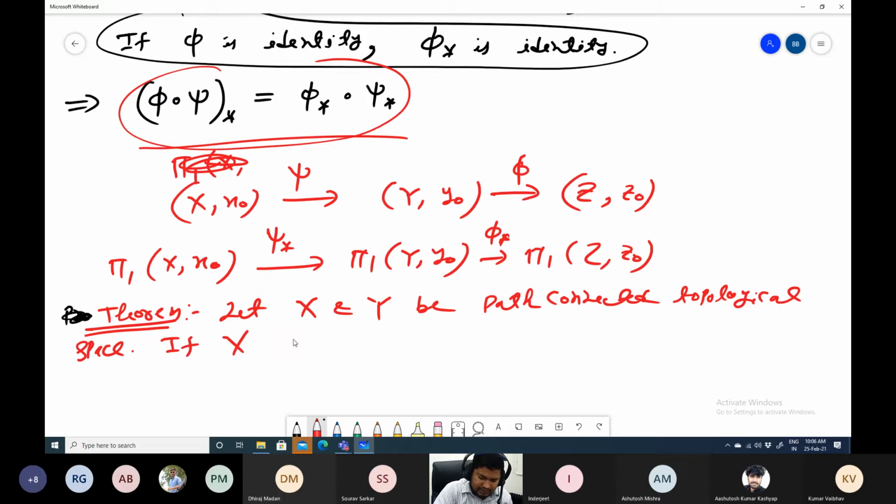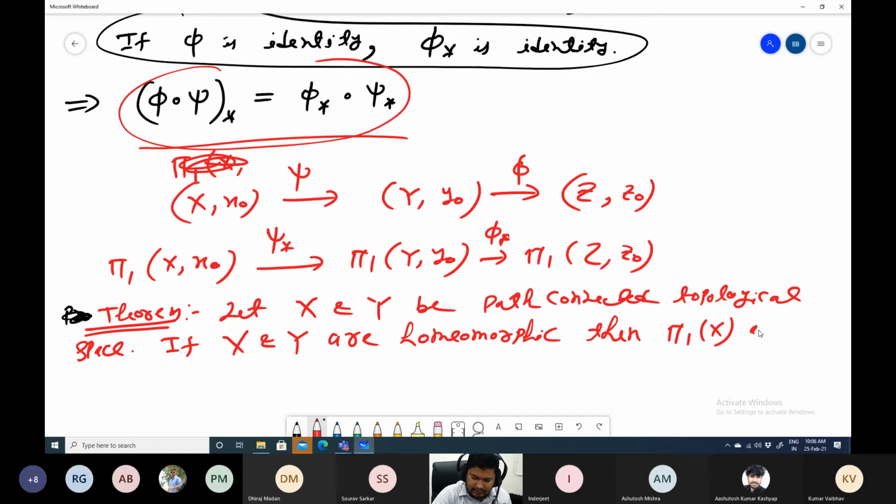Now if x and y are homeomorphic, then pi1 x and pi1 y are isomorphic. That means if two topological spaces are homeomorphic, then their fundamental groups are isomorphic. They have the same fundamental groups. Therefore you can say that the fundamental group is a topological invariant.